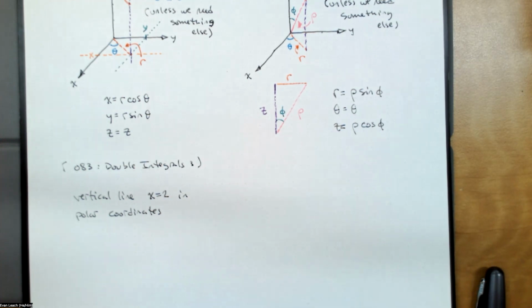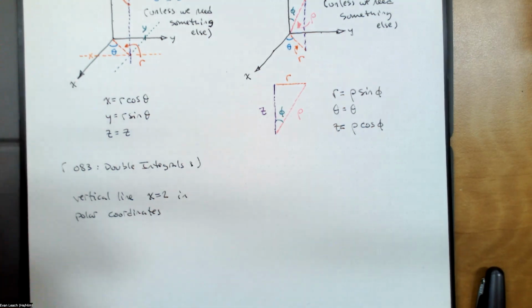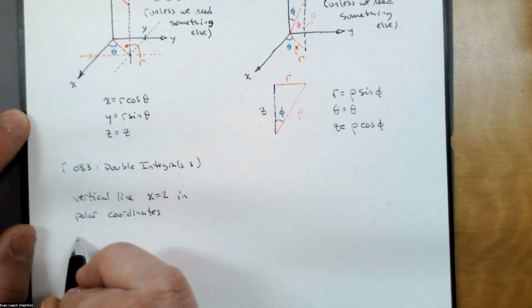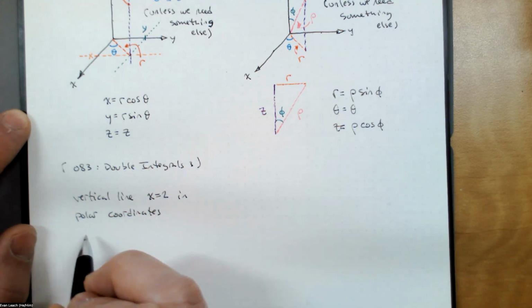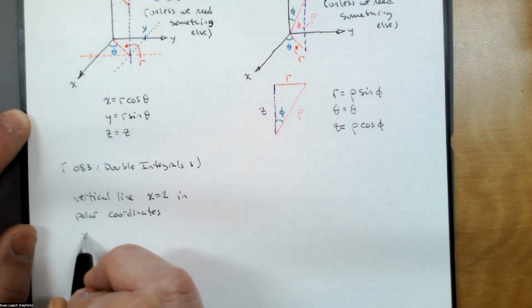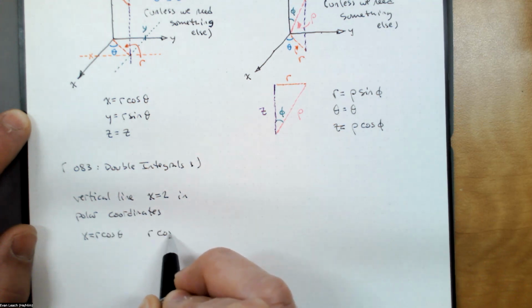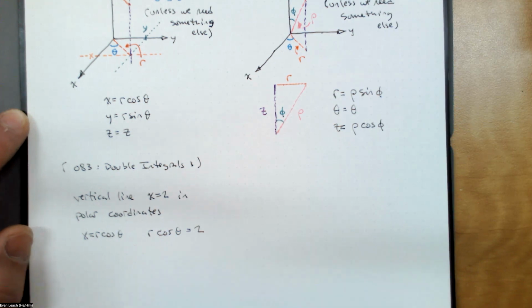So fortunately for our heroes, I happen to write down the relationship between rectangular and cylindrical coordinates, which includes the relationship between rectangular and polar coordinates. Up here, I have x is equal to r cosine of theta, and I want x to equal 2. So if x equals 2 and x equals r cosine theta, I can say r cosine theta is equal to 2.